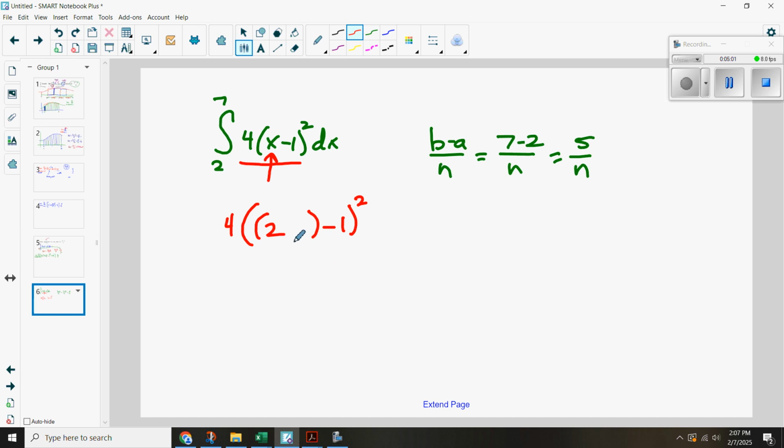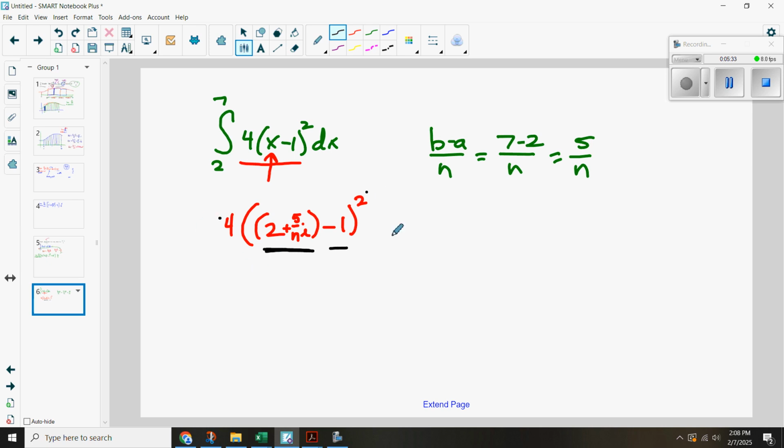And every single little notch, it goes up by 5 over n times i. So this is the x value starting at 2 and going up a little notch every time. I'm subtracting 1, squaring it, and then multiplying it by 4.